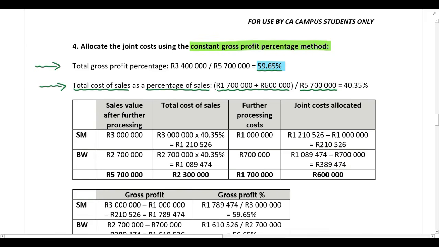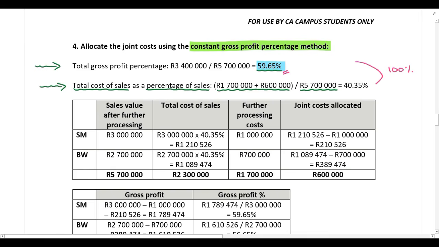Or alternatively, you can see the sum of these two percentages add up to 100%. So what you can do is you can say 100 minus the gross profit percentage, and that will leave you with your cost of sales as a percentage of sales.